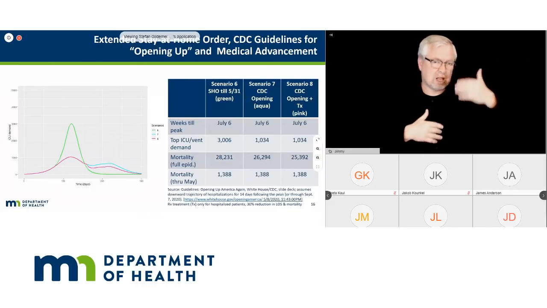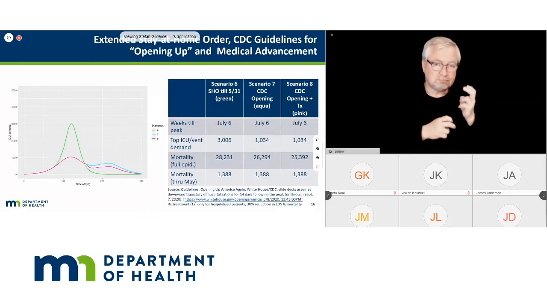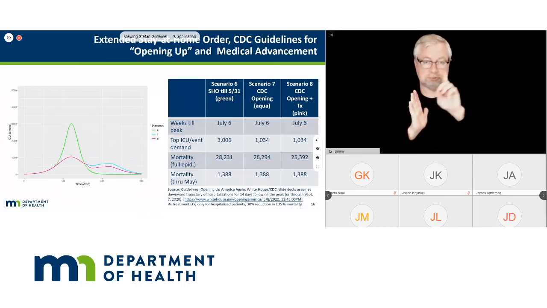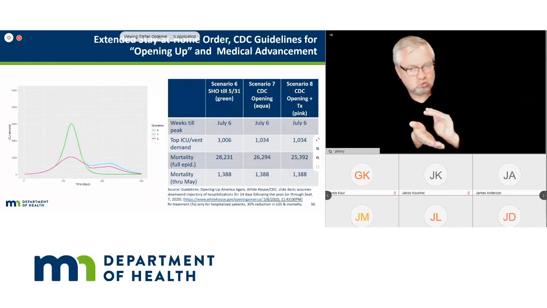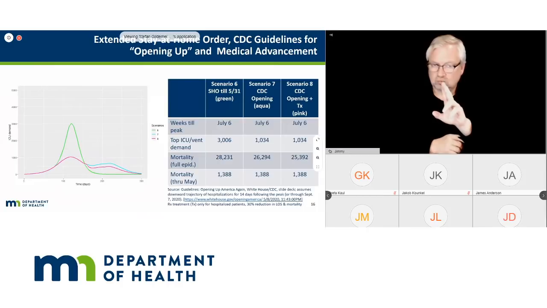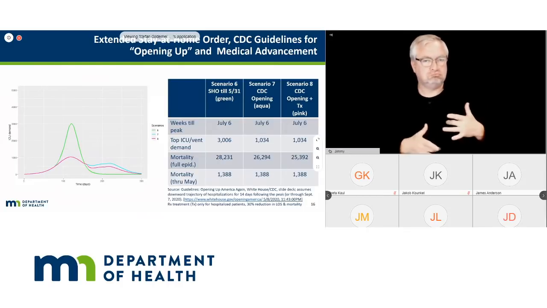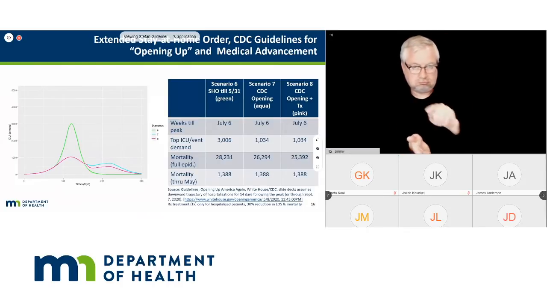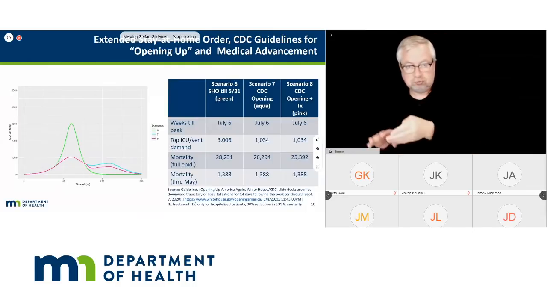What the initial data seems to be showing is a reduction in the length of stay and a potential reduction in mortality. So that's what the team built into it, and that's what you see reflected in the pink curve, in contrast to the blue curve above it.